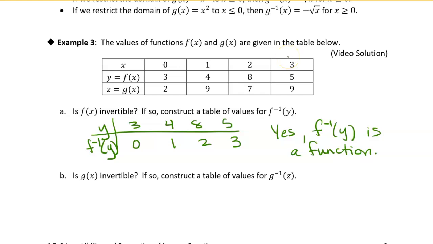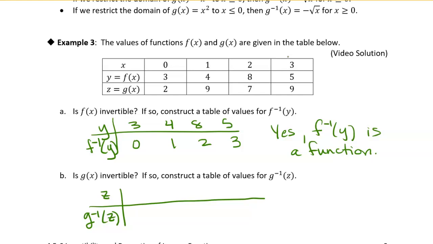In this case, I called the output z instead of y, just to distinguish it. And we could create a similar table. So we're looking at g inverse of z. Remember, if g is invertible, then the inverse would give us the x value that corresponds to that output, right?